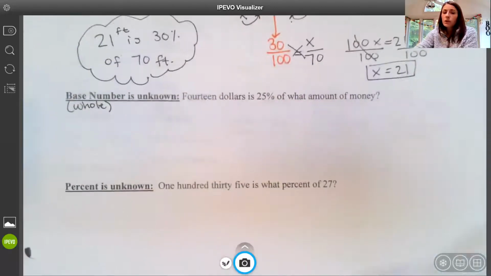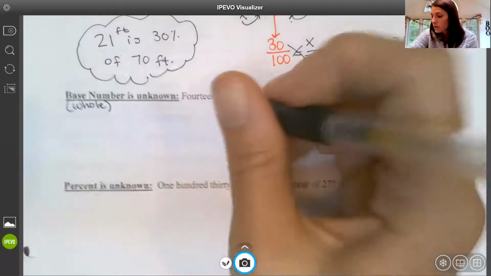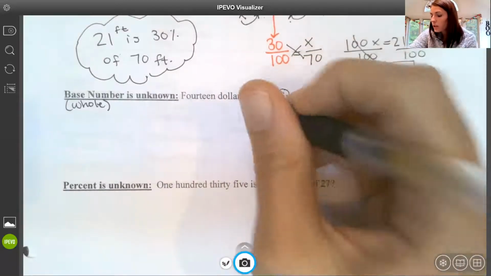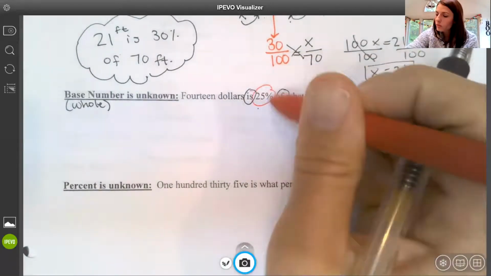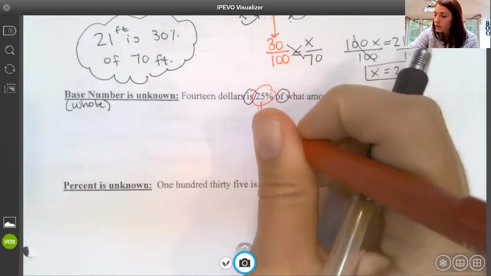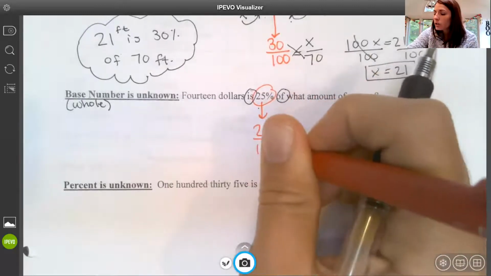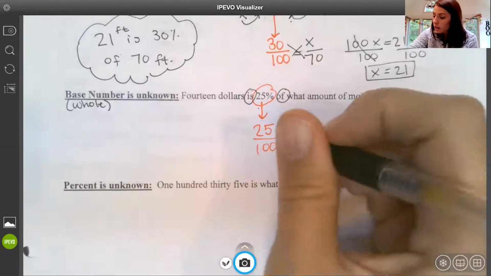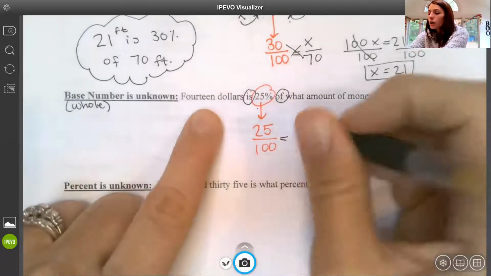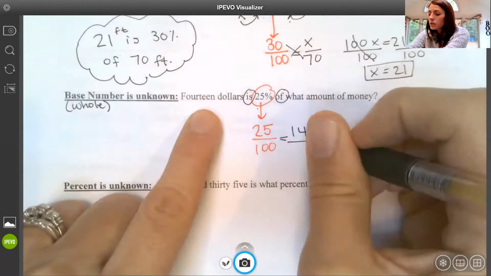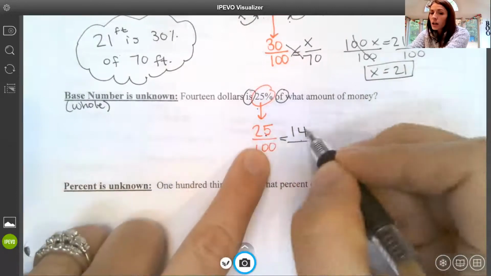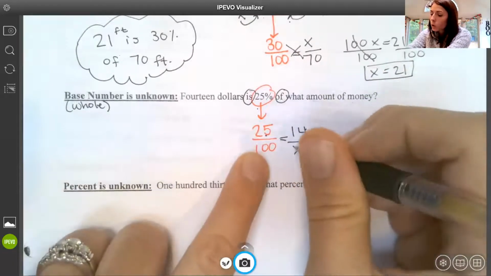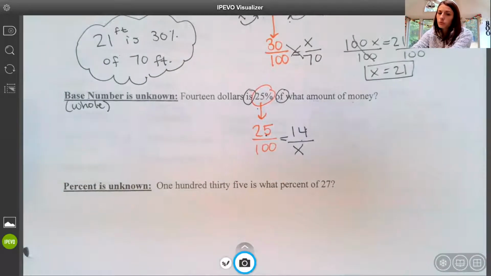So this says $14 is 25% of what amount? Again, there's the is, here's the of, here's my percent. So percent out of 100, 25 out of 100, is equal to the part, so $14 is 25% of what whole dollar amount.